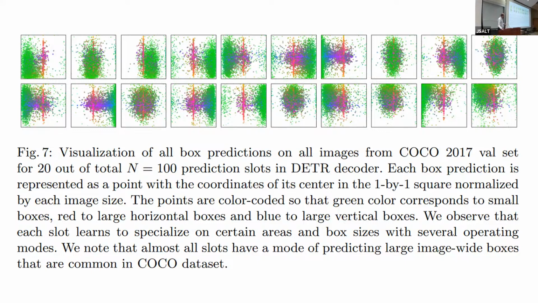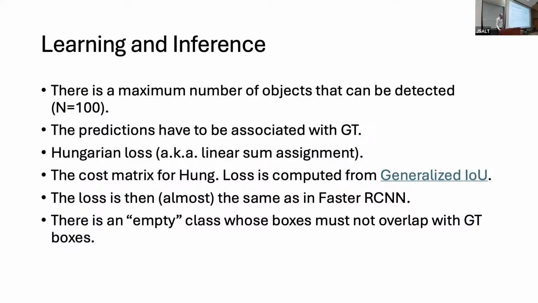So always the point is in the center of the box that was detected by individual query vectors, and the color is, let's say, the size or shape of the box. So you can see that each of the queries is specializing at some kind of position and shapes of the objects. So this is an interesting property also.